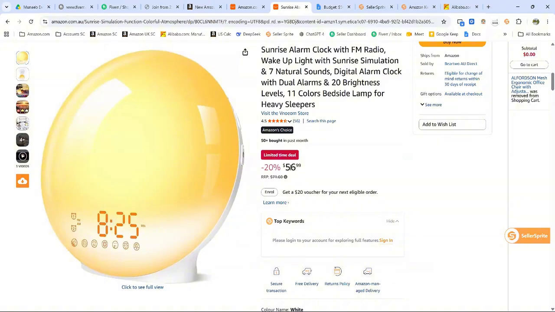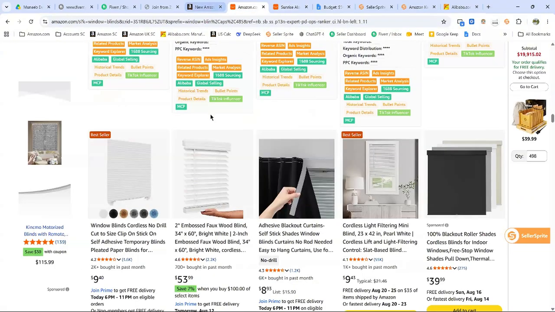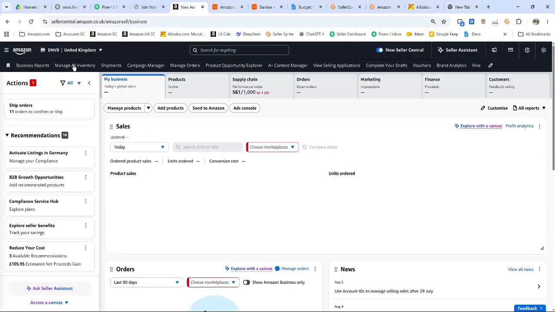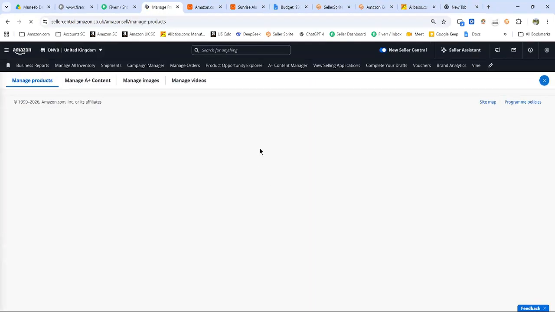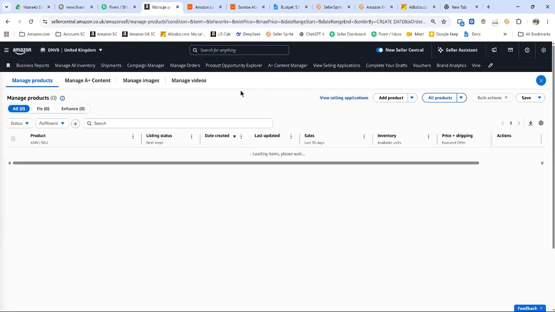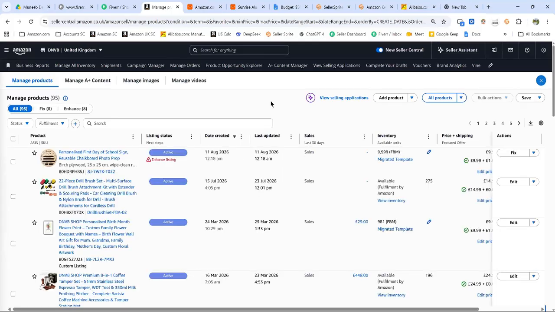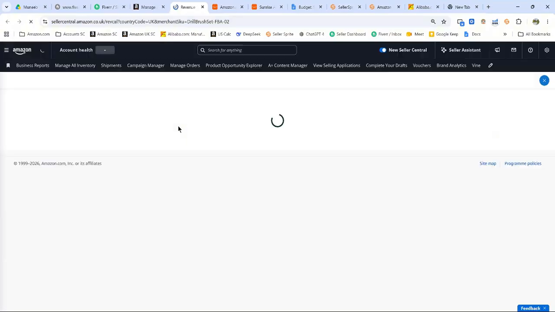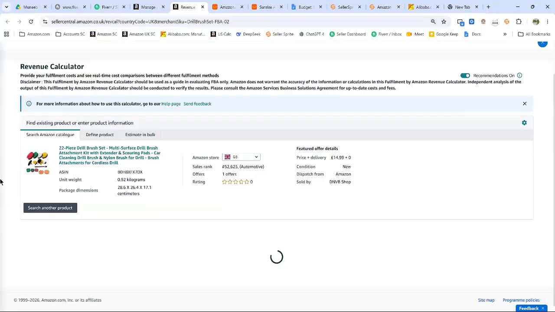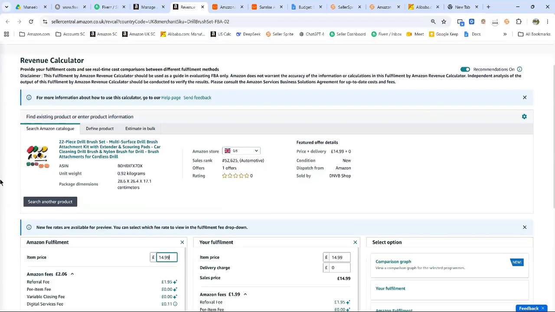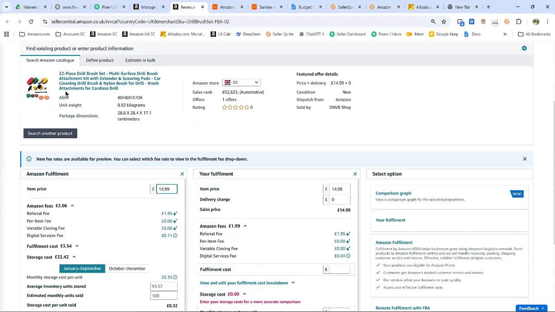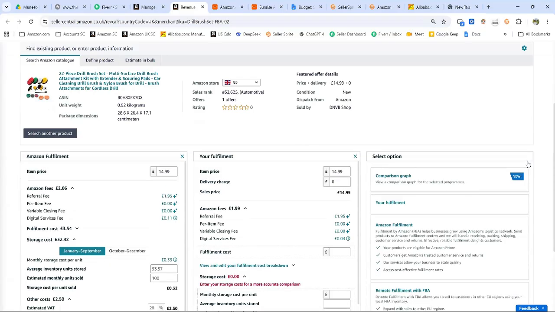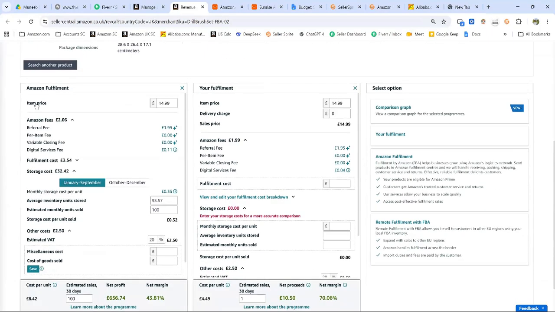So how this works is, let me pick a product in this account, like this one, and calculate revenue in the FBA calculator. Here, as you can see, this product is currently selling in this store for 14.99, so 15 pounds, it's in the UK.